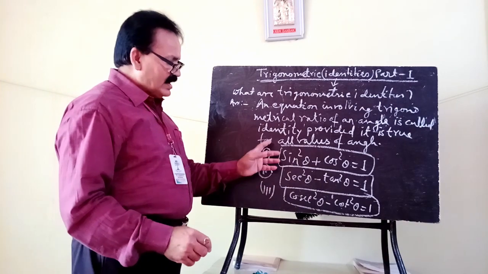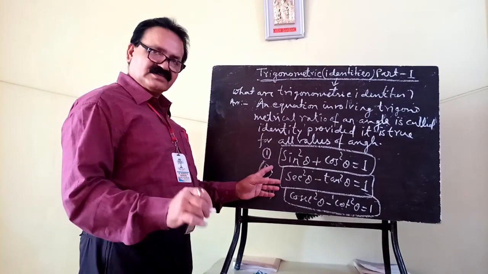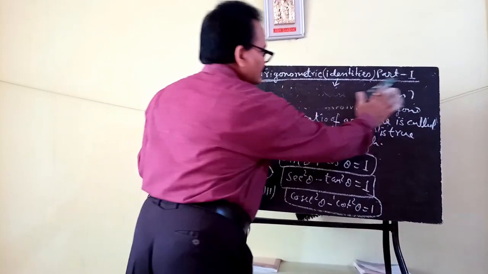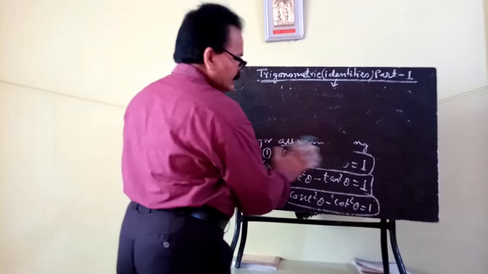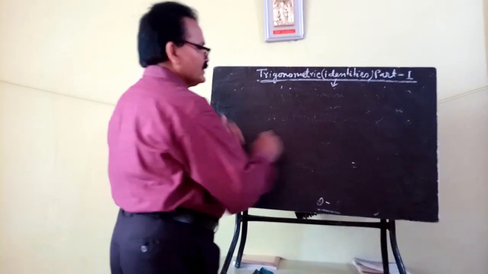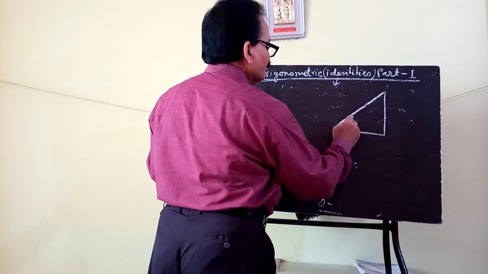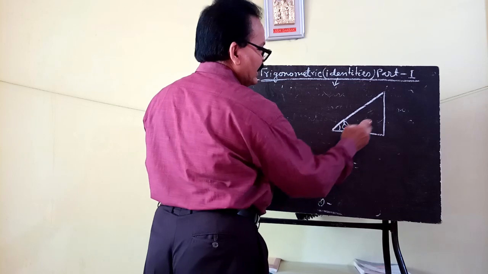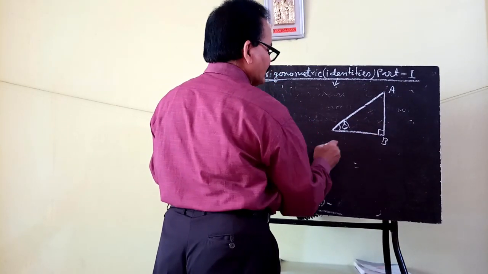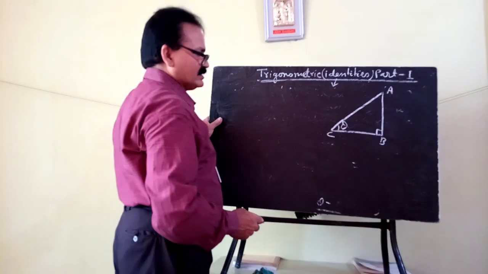So now I should explain how this identity can be derived. So derivation of this identity. For that, you have to take a right angle triangle ABC, where this acute angle is theta, say angle B is 90 degree and angle C you have taken as theta.